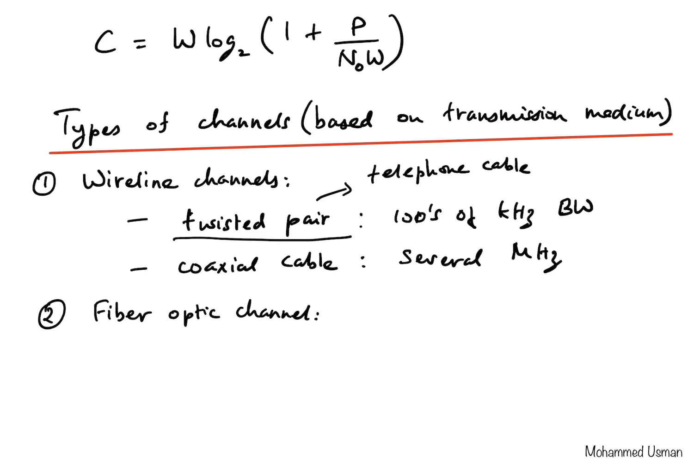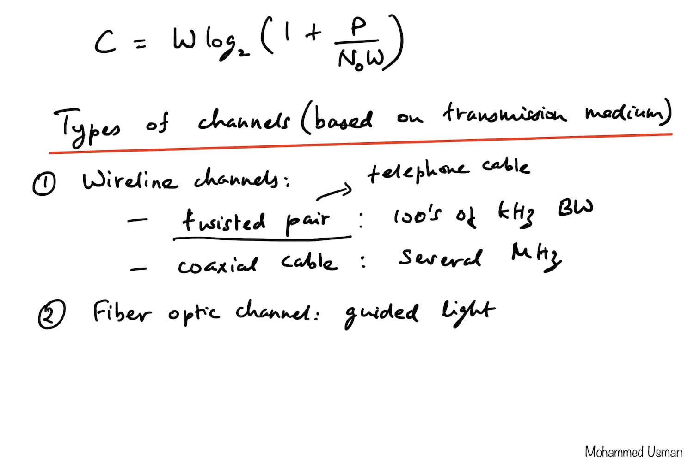Because the signal propagating through the fiber optic channel is light, we need a source of light at the transmitter side and a detector for light at the receiver side. The transmitter is typically an LED or a laser, and the receiver is a photodetector or light detector. So it is guided light that propagates through a glass cable.